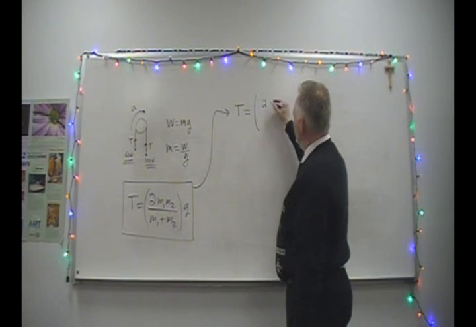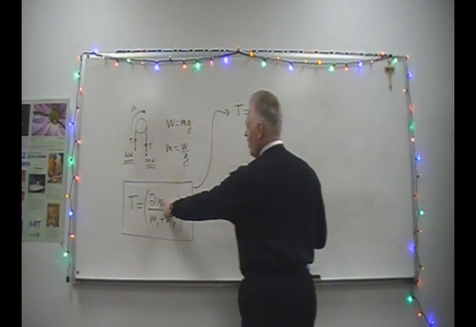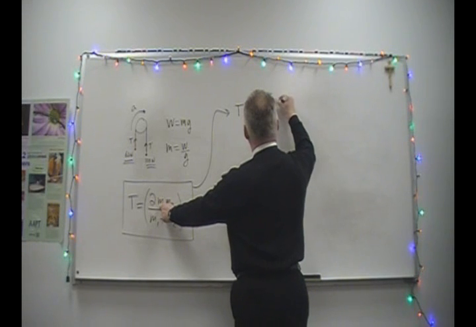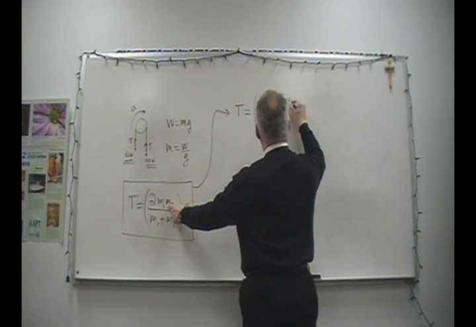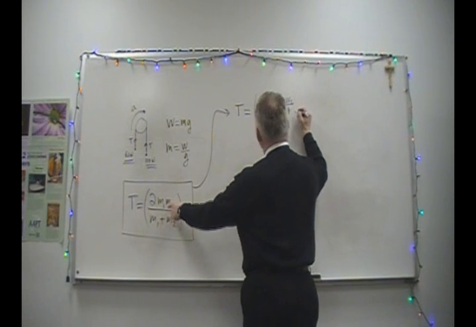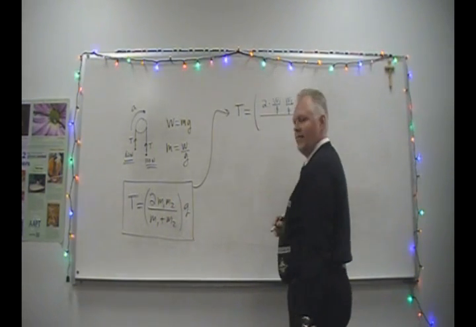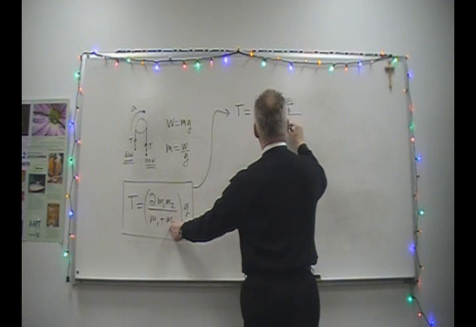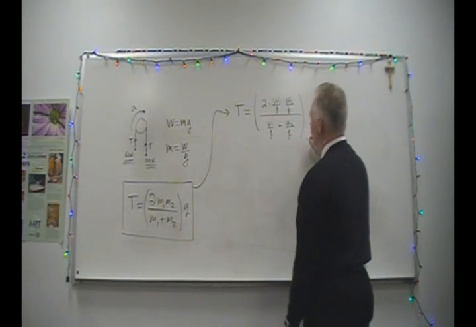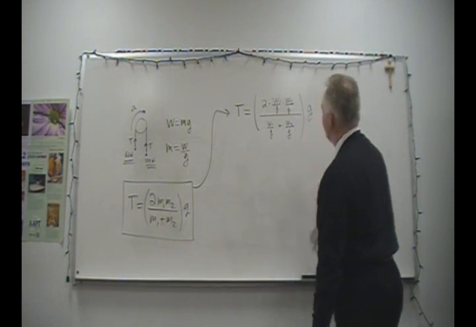Well, let's do that. Let's put 2 times w1 over g for m1 times w2 over g for m2. And that's going to be divided by, you can do the same thing here, w1 over g plus w2 over g. And of course, up here there's another g.